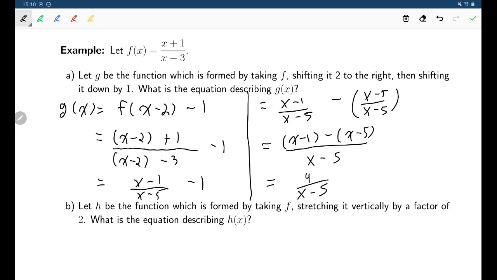And there we go. So if you were to graph f of x, and if you were to graph g of x, if you were to graph this function and that function, you would see that they look the same, except that g of x is f of x after it's been shifted 2 to the right and shifted down by 1.